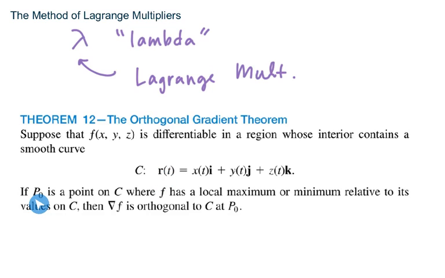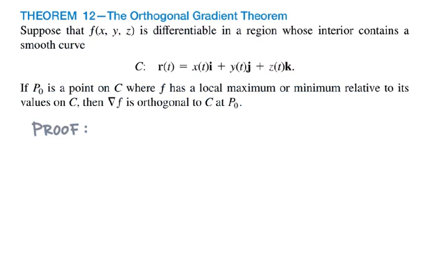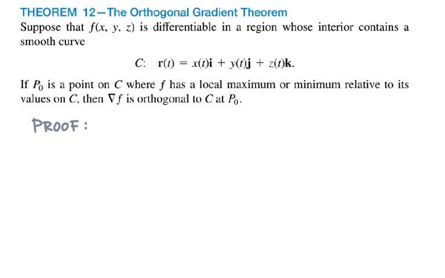If P naught is a point on the curve where F, the function, has a local max or min relative to any of the other values on the curve, then the gradient is orthogonal to the curve at the point. So now let's talk about why this is true.